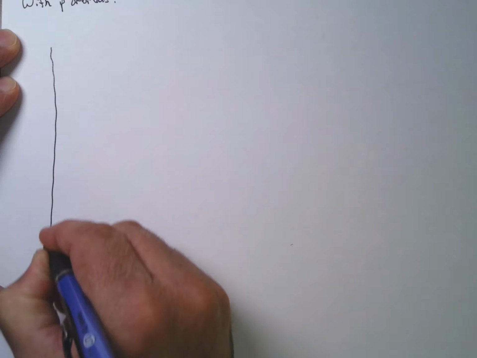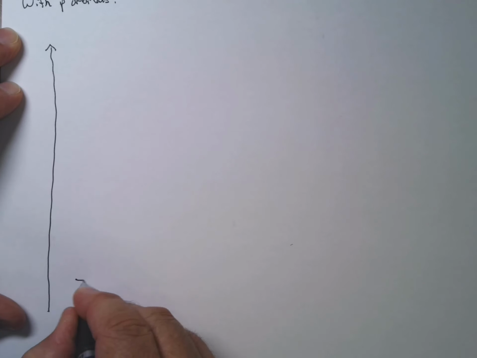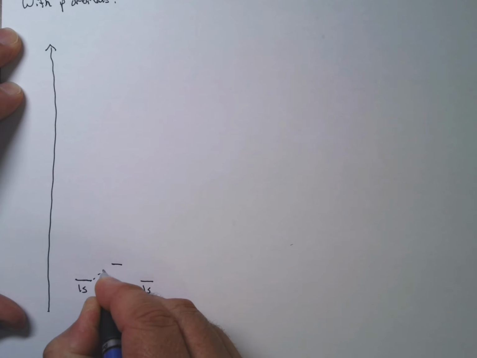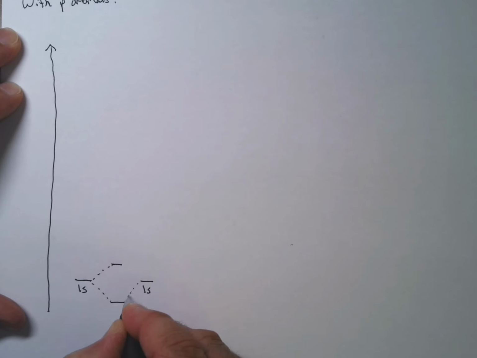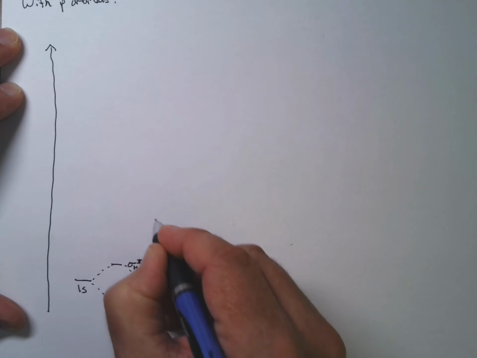So we'll have our energy here. And of course, we still have our 1s, giving us sigma 1s and sigma star 1s.